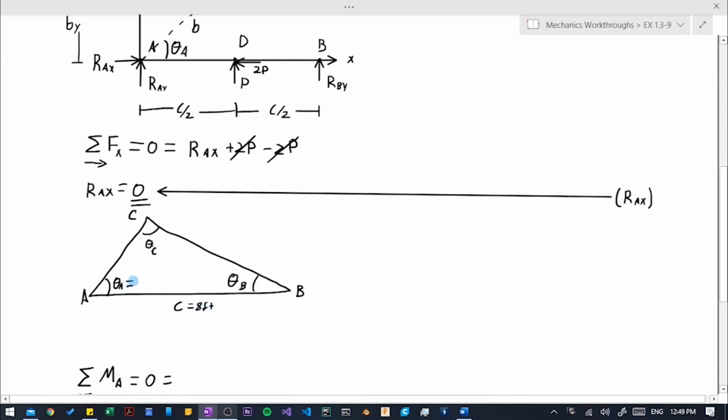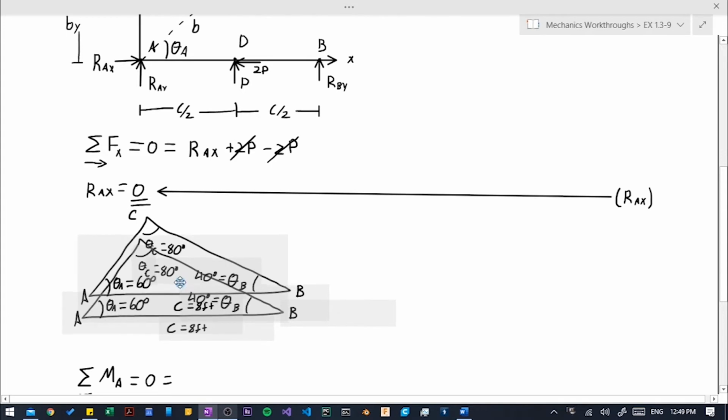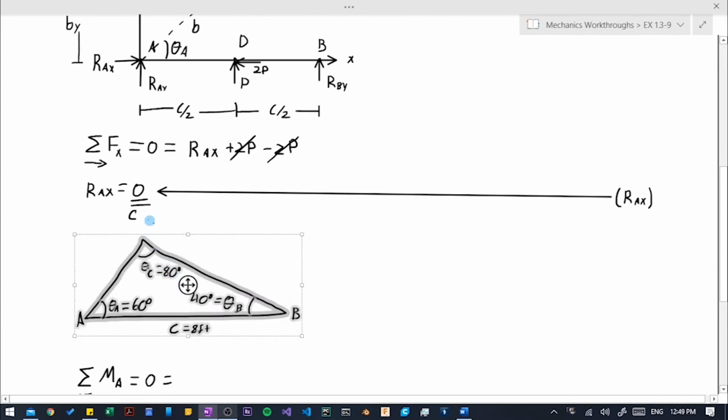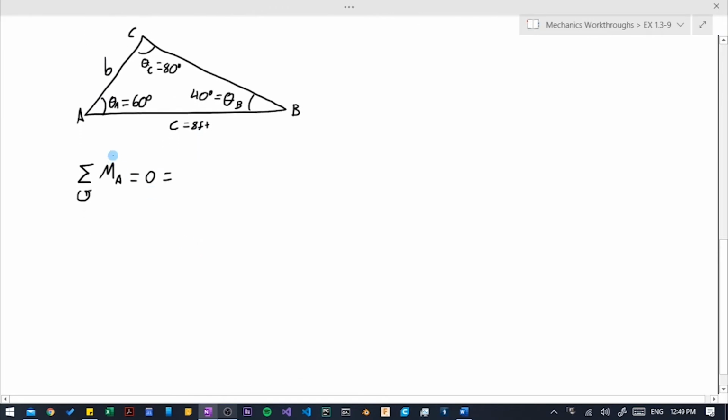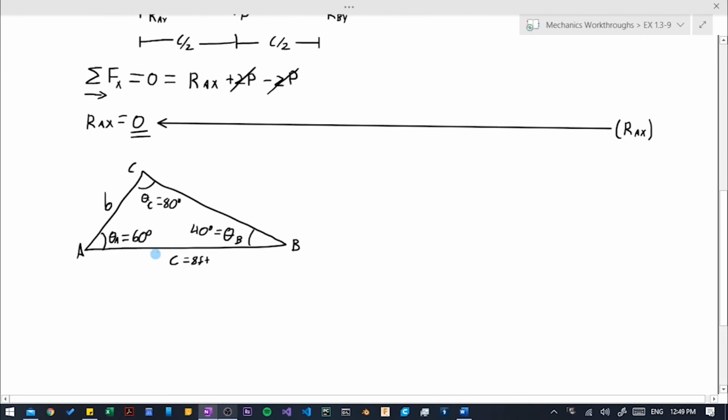I'm going to write in these angles here. All right, and this is the side length we are trying to find.